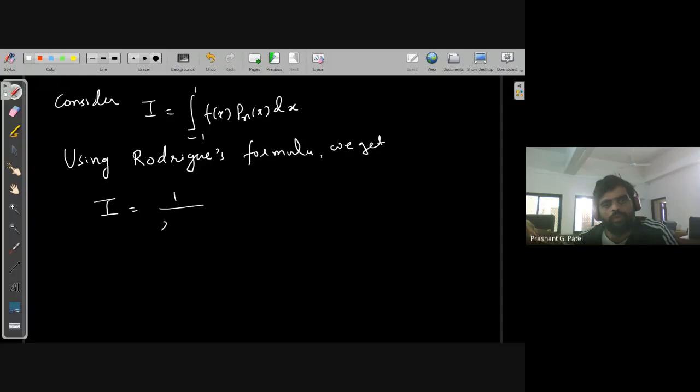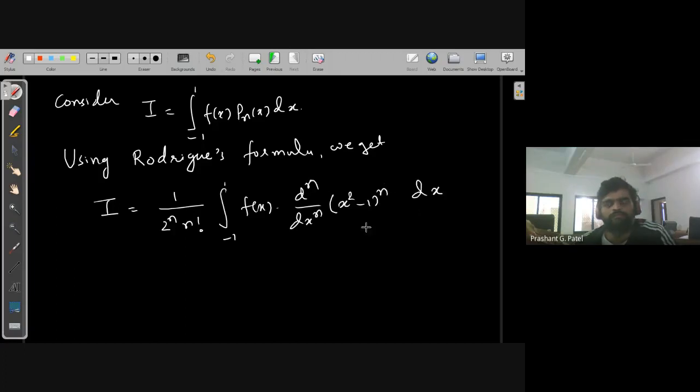And this 1 upon 2 power n into n factorial is independent of x, so I can write it outside this integral. Then f of x into the nth derivative of x square minus 1 raised to n dx.